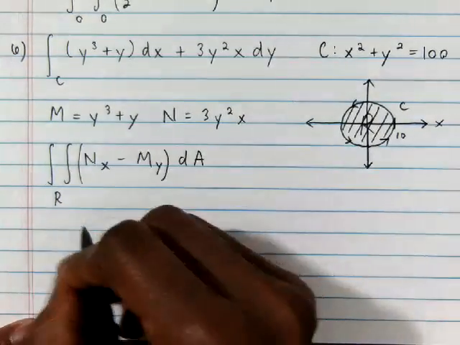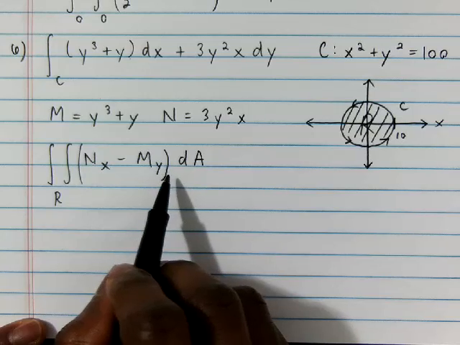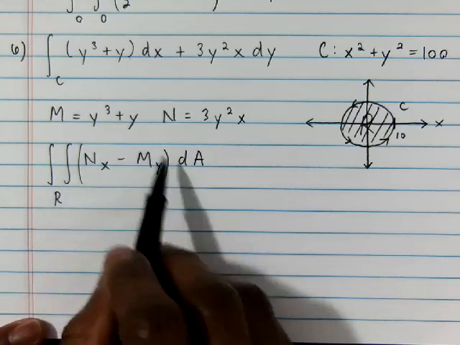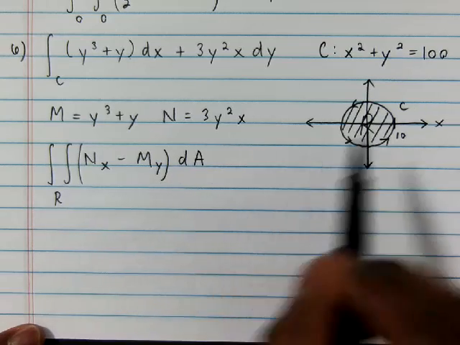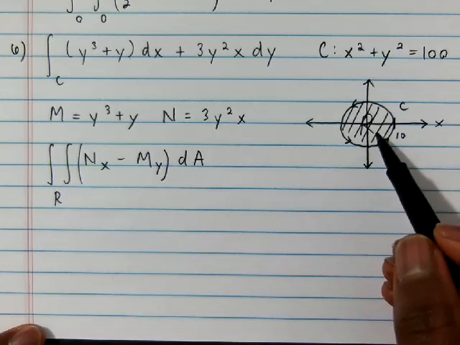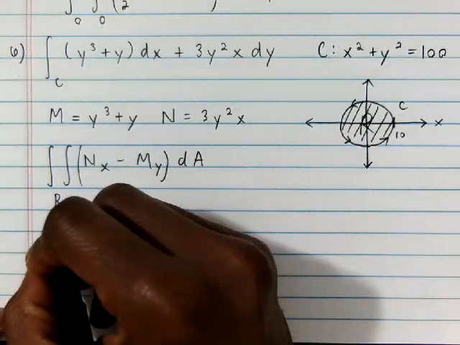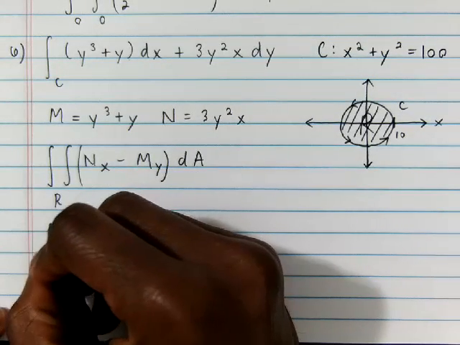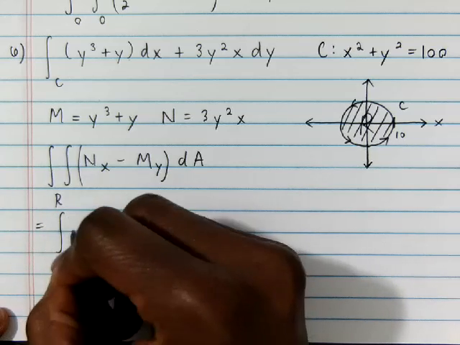So now, we have this double integral set up in terms of x and y, but then we see our region is a polar region, so we'll switch gears and go to polar coordinates. Actually, we'll write it out completely in rectangular before we go to polar.